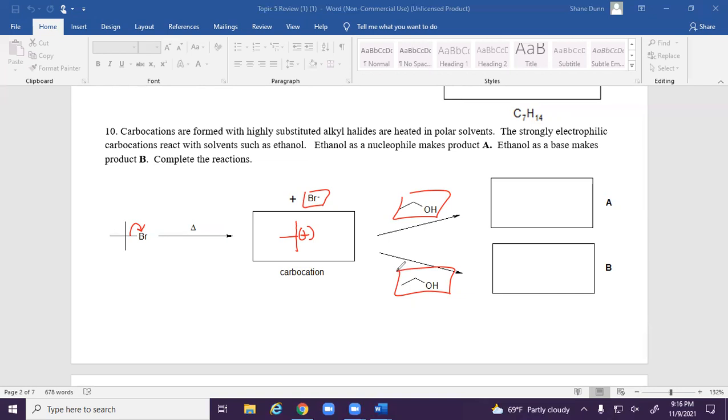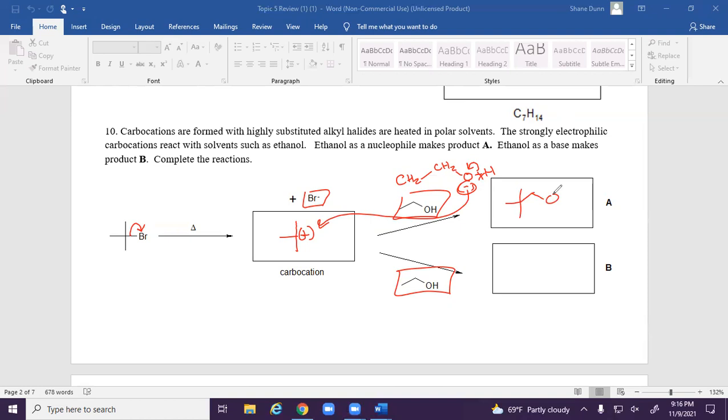So let's draw this out. Which one's more electronegative, oxygen or hydrogen? Oxygen gets both of the electrons in that bond, correct? So it's going to make a negative charge here, which is going to react with the positive charge, giving you that structure.